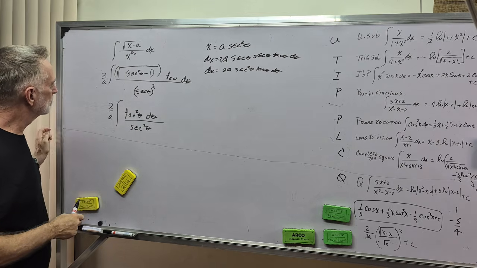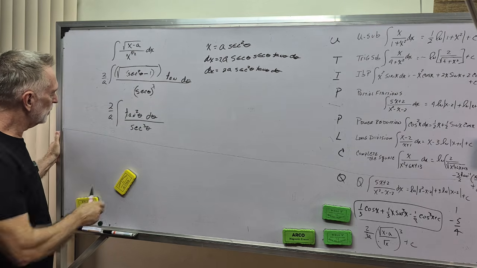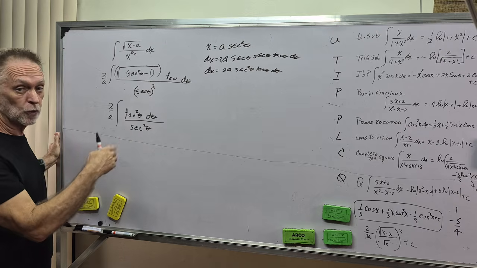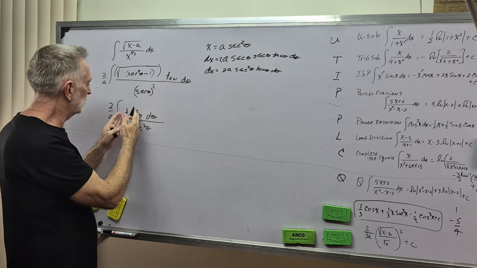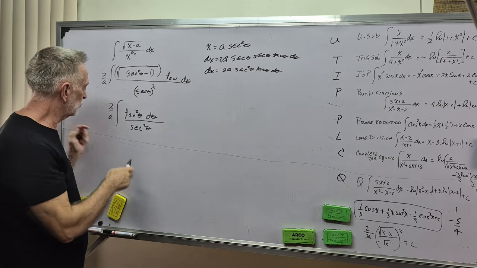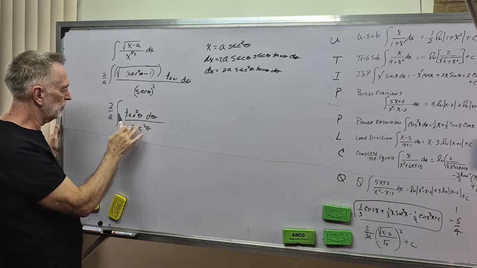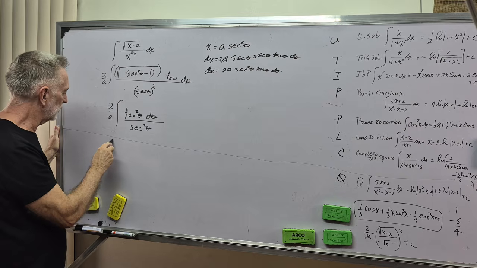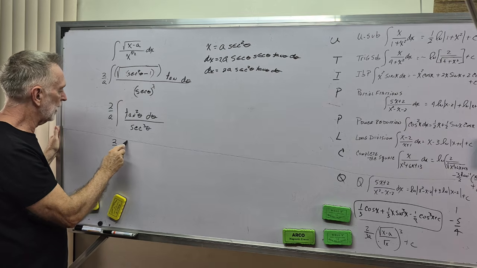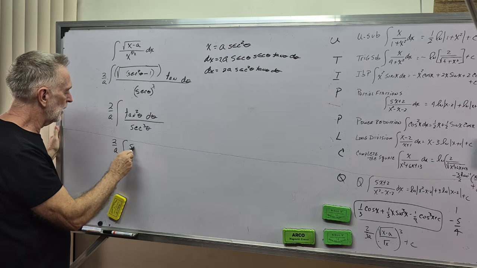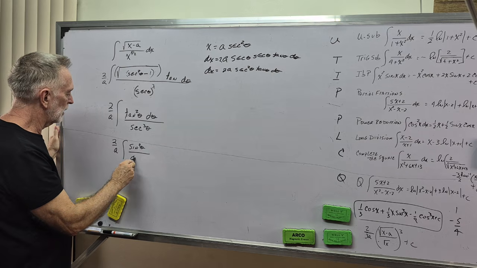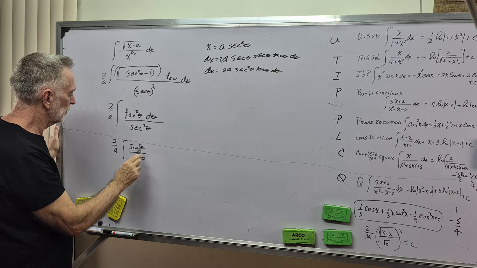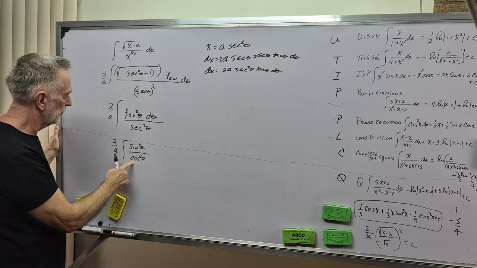All right. What are we going to do with that? Well, secant's 1 over cosine, right? So I have cosine cubed, and tangent is sine over cosine. So let's convert all of this into sines and cosines. So I have 2 over a, the integral of sine squared theta over cosine squared theta, which is the tangent squared.